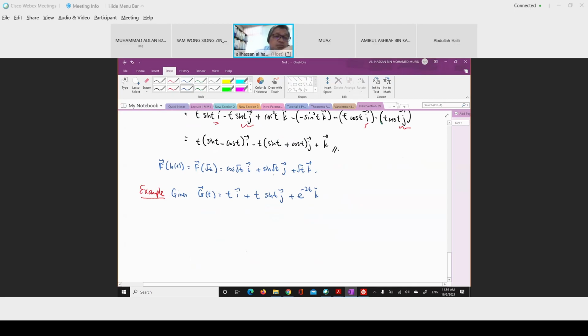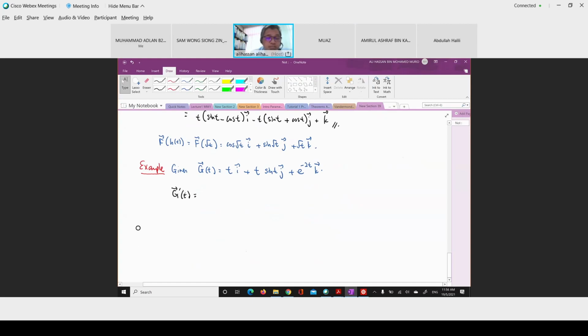Okay, so what is the derivative of the vector valued function g? So we differentiate component by component. We differentiate t, and we also differentiate t sine t, and also we differentiate e to the minus 2t, right?